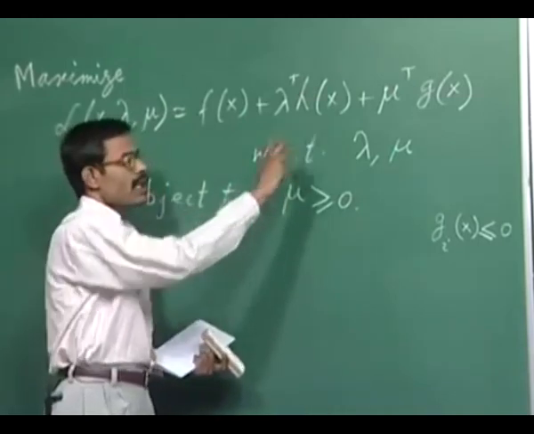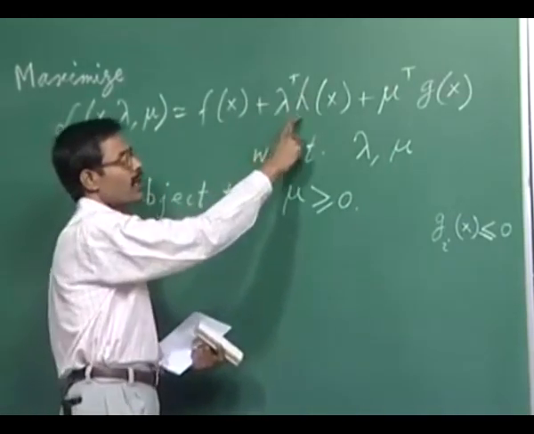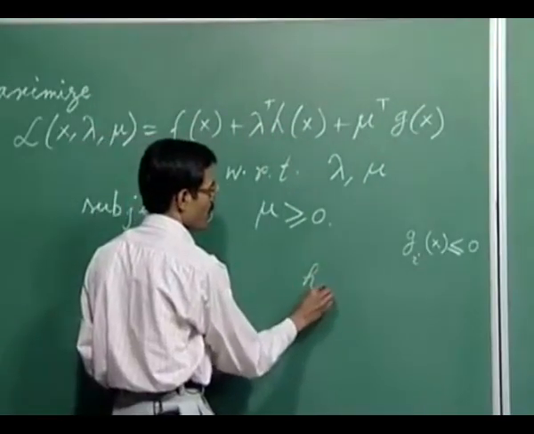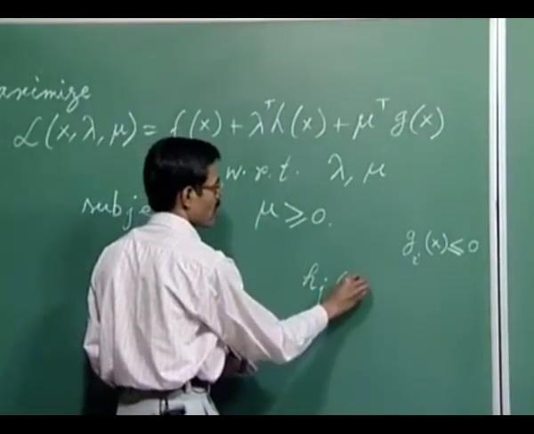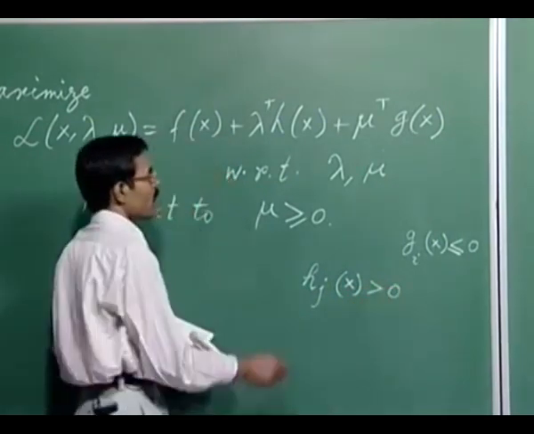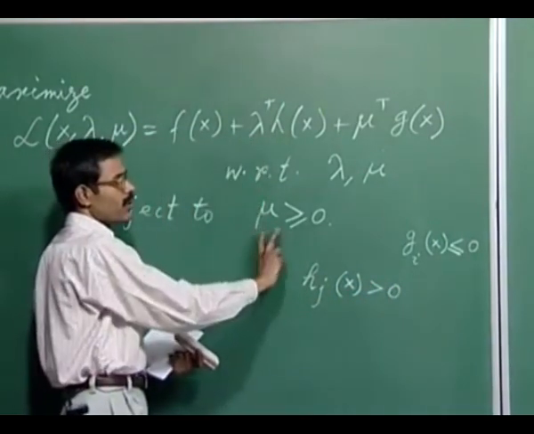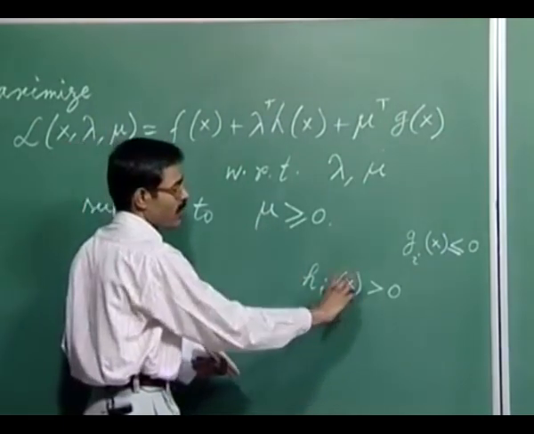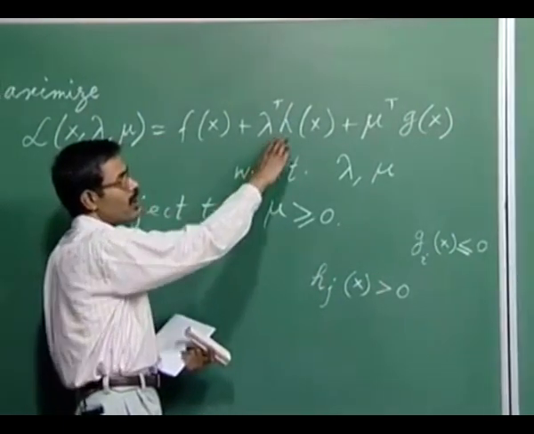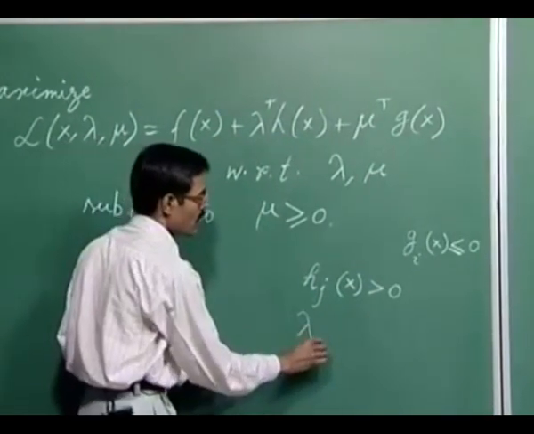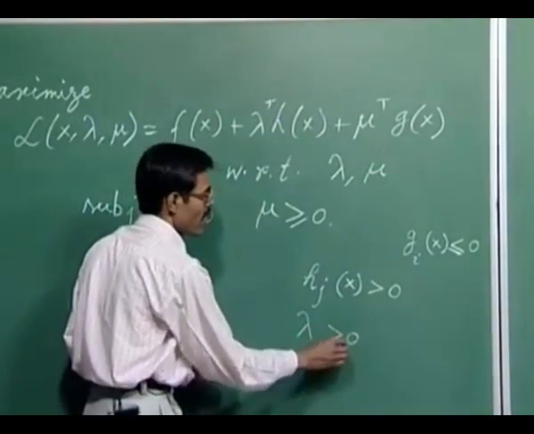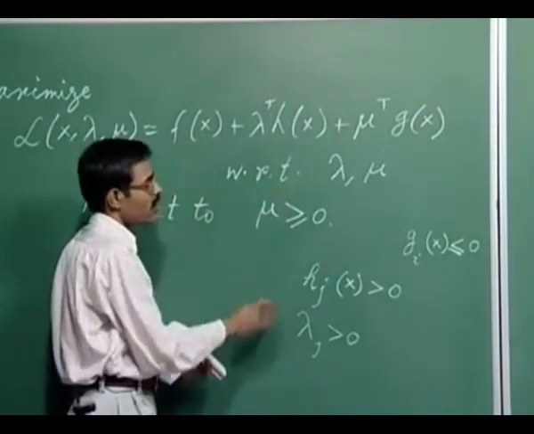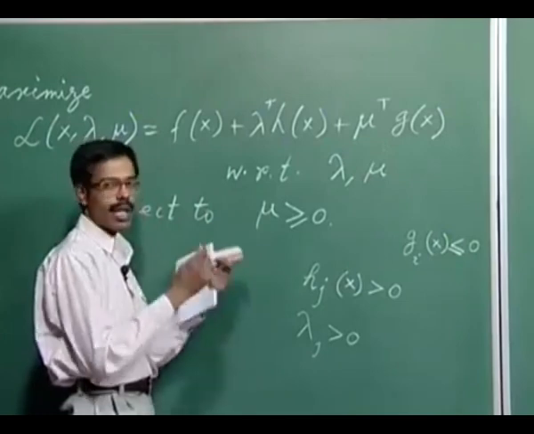Now, let us come here. At that value of x, if a particular h is positive, then on lambdas there is no restriction, lambdas can be positive as well as negative. So, if a particular h is positive, then the corresponding lambda, lambda j, we can make positive and give it as large a value as we want, and therefore, the product lambda j h j will be enormously large as we can want.